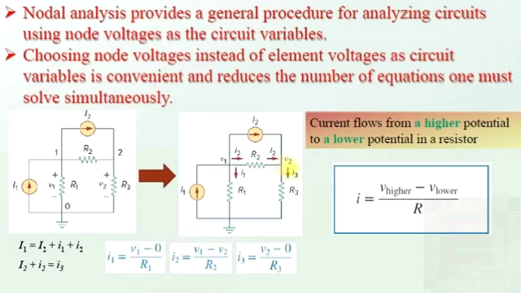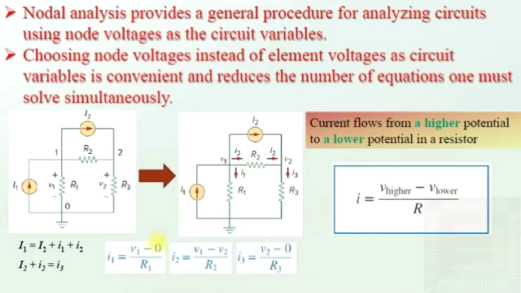Similarly, I3, here you can see that I3 is flowing from node 2 to the reference node. Node 2 is at a potential of V2 with respect to the reference node. So the current I3 flowing in this direction is given by V2, which is at a higher potential, minus 0, the potential of the lower potential point, divided by the resistance in between, that is V2 minus 0 divided by R3.